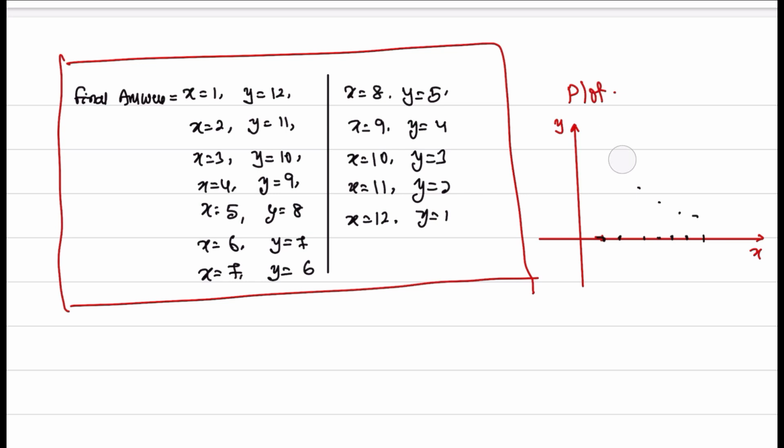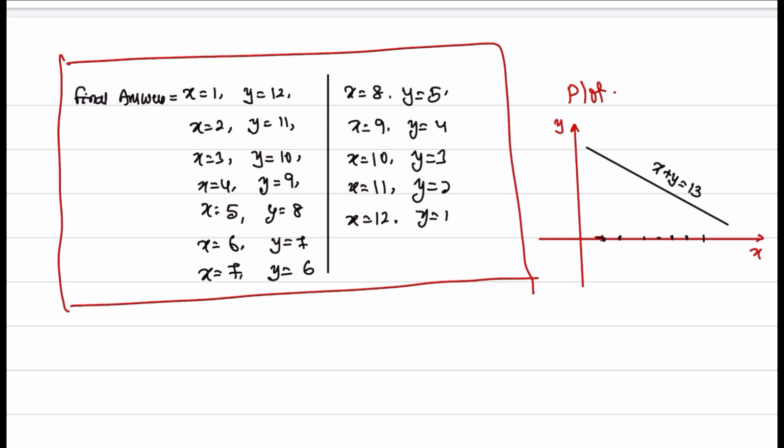I have shown only for your information. This straight line will be like this. This is x plus y is equal to 13. This is the graph, the plot of this particular equation for which we have got different values.